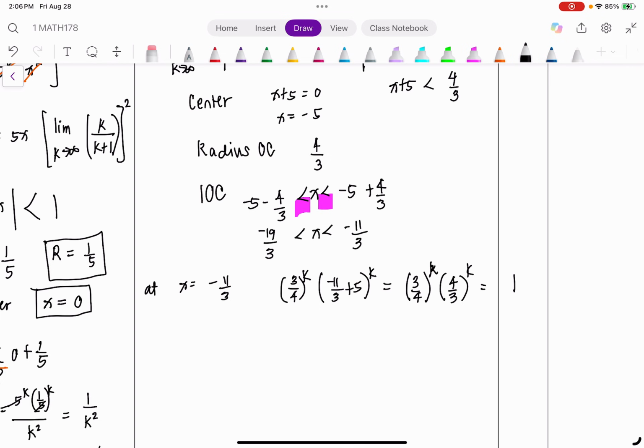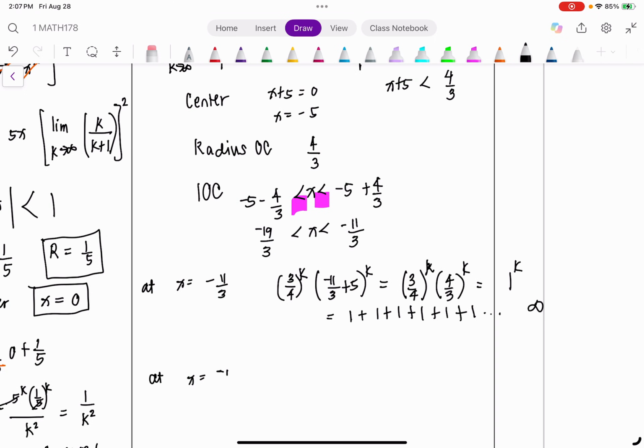So this is 1 raised to k. So 3 over 3 is 1, 4 over 4 is 1, so we have 1 raised to k. So this would be 1 plus 1 plus 1 plus 1 and so on. So the sum would approach infinity.